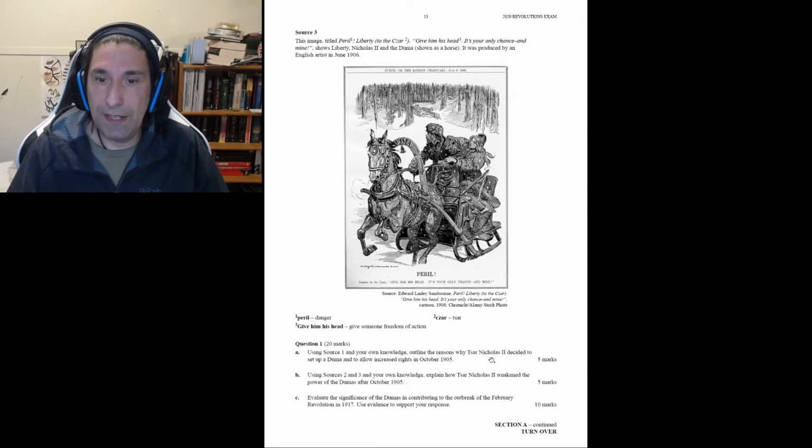Outline the reasons why Tsar Nicholas II decided to set up a Duma and to allow increased rights in October 1905. You would have studied this already: the reason why he set up a Duma and allowed for increased rights in October 1905 through promulgating this October Manifesto was to appease particularly the Liberals, who were one of the key leaders of the 1905 revolution.